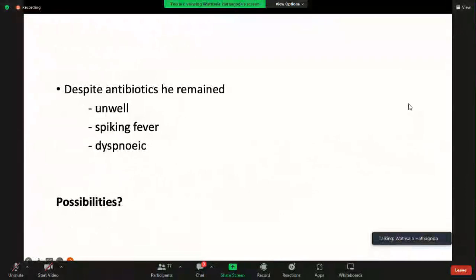So then you have started, let's say, cefotaxime and oral clarithromycin, and after 48 hours, the child is still unwell and there are fever spikes. So what are the possibilities here?